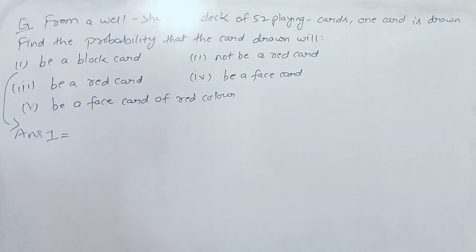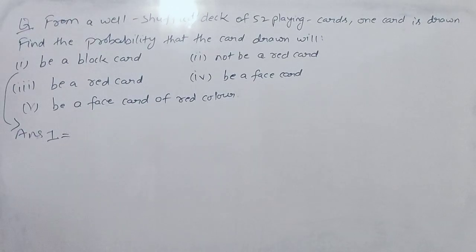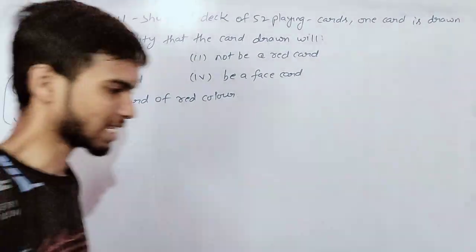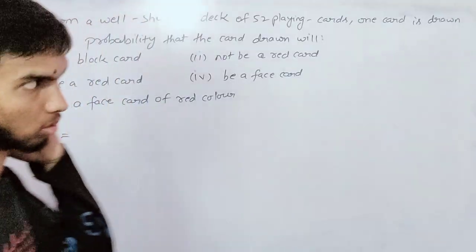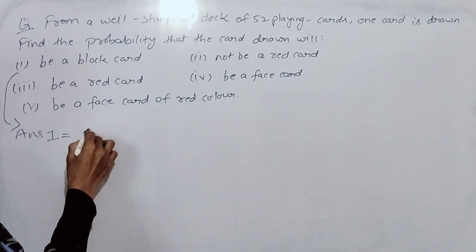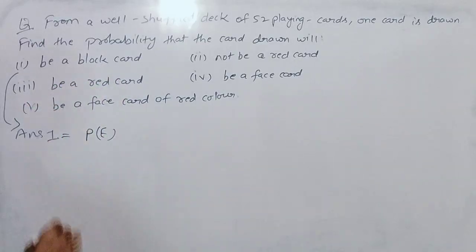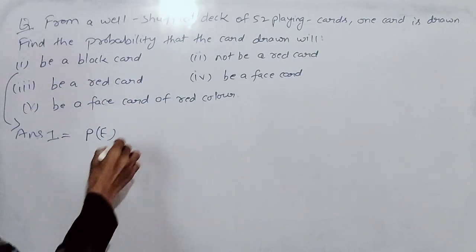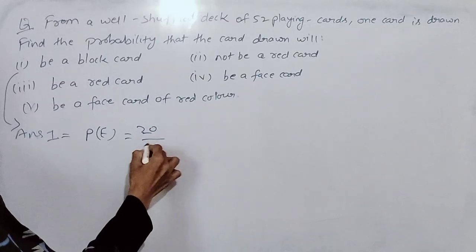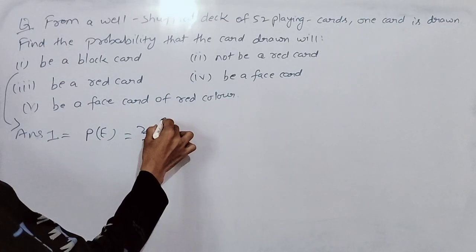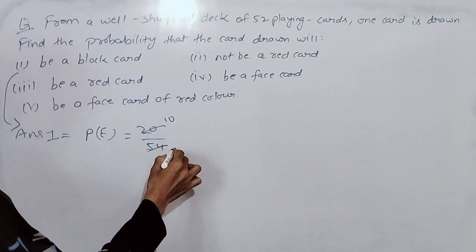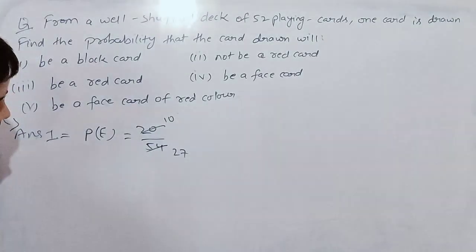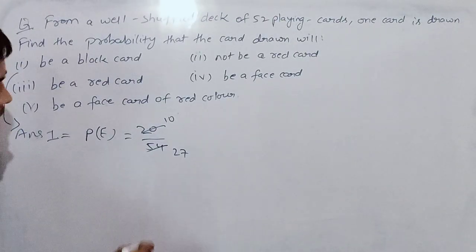So how many black cards are there in a 52 card deck? The probability of being a black card would be 26 upon 52. Clear?